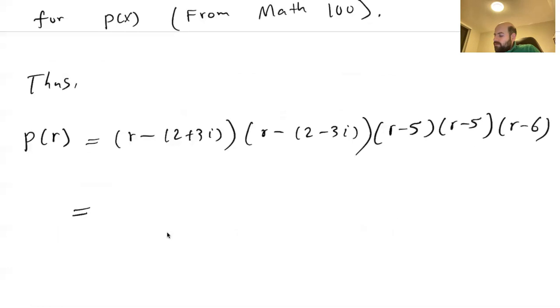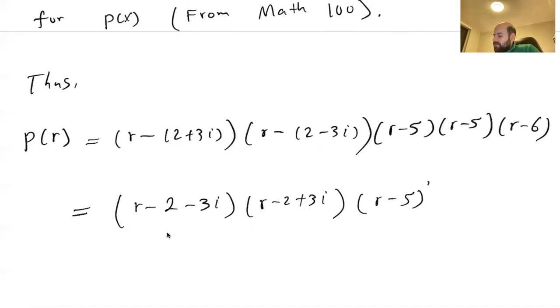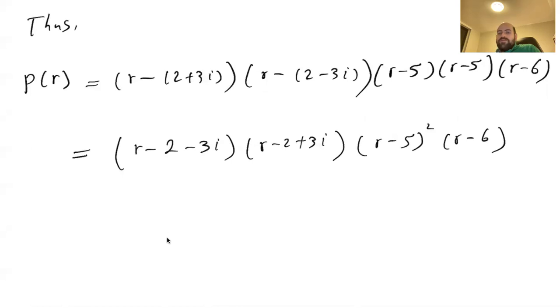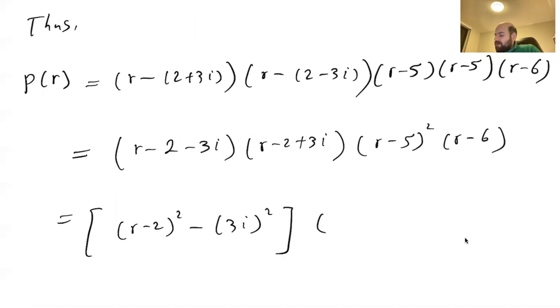If I simplify the first two factors, it's going to be r minus 2 minus 3i, r minus 2 plus 3i, r minus 5 the whole squared, r minus 6. Now, for the first two factors, I can use the identity a minus b times a plus b, which is a squared minus b squared. So I can write it as r minus 2 the whole squared minus 3i the whole squared, times r minus 5 the whole squared, times r minus 6.